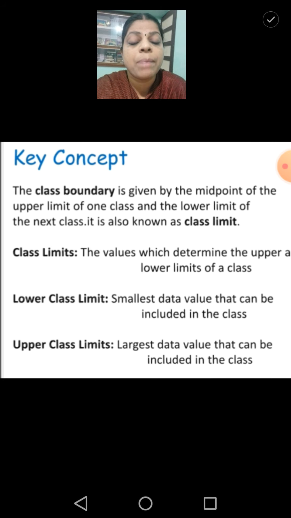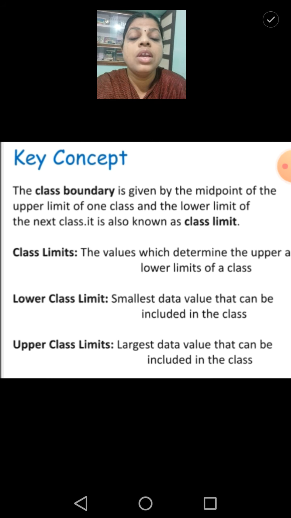And what may be the upper class limit? In our example we saw that it is 125. Isn't it? So that is the largest data value that can be included in the class.